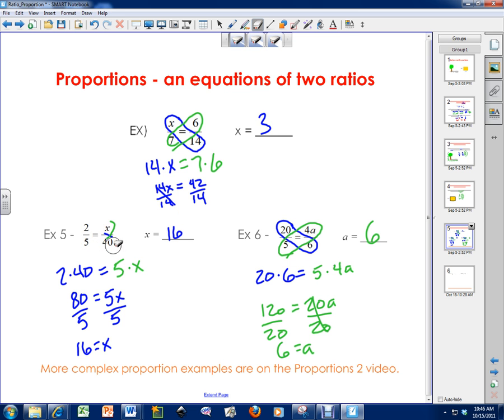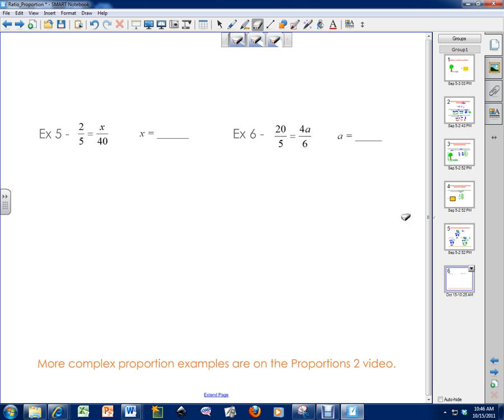I'm going to show you how to double check your work here to see if you did the problems properly here. So we have x is 16 and a was 6. How can I double check these to make sure I did these properly? Well, if I plug in a 16 where this x is, if I can cross multiply these and they equal each other down at the bottom, then I know I did the problem correctly.